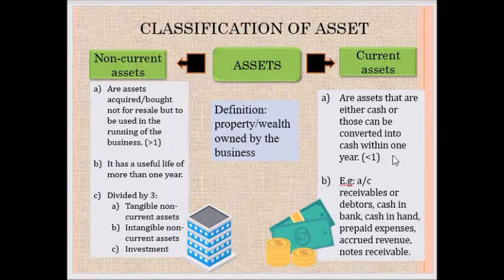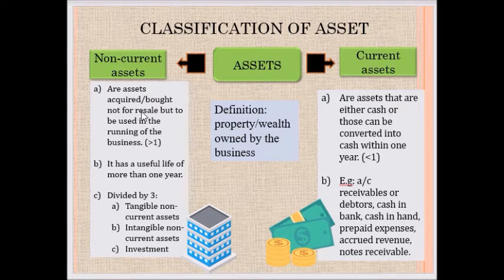So they are assets that you can gain within a short period of time. For example, cash that you use to buy things. The second category is non-current asset, which is an asset that is acquired or bought not for resale but to be used in the running of a business.